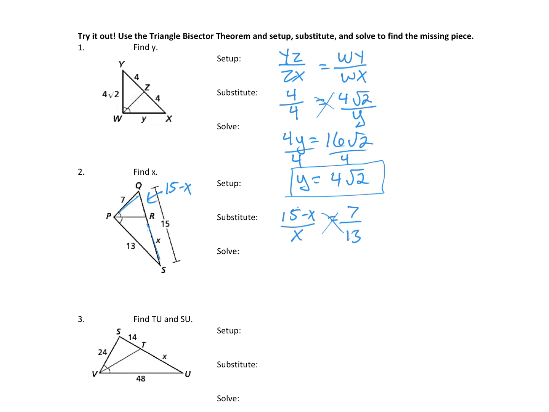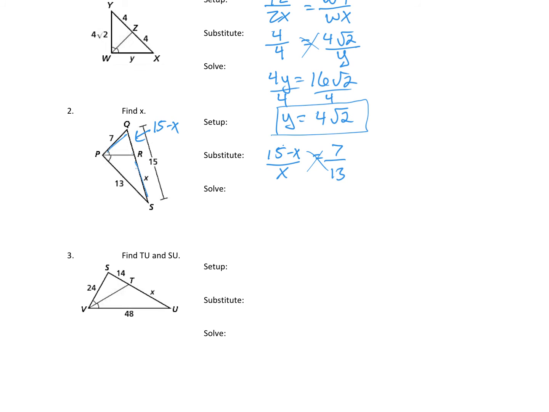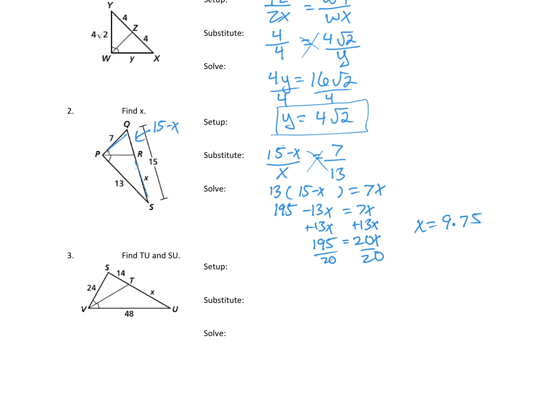We'll cross multiply. That gives us 13 times 15 minus x equals 7x. Distribute: 195 minus 13x equals 7x. I'm going to add 13x to both sides. 195 equals 20x. If I divide both sides by 20, x equals 9.75.